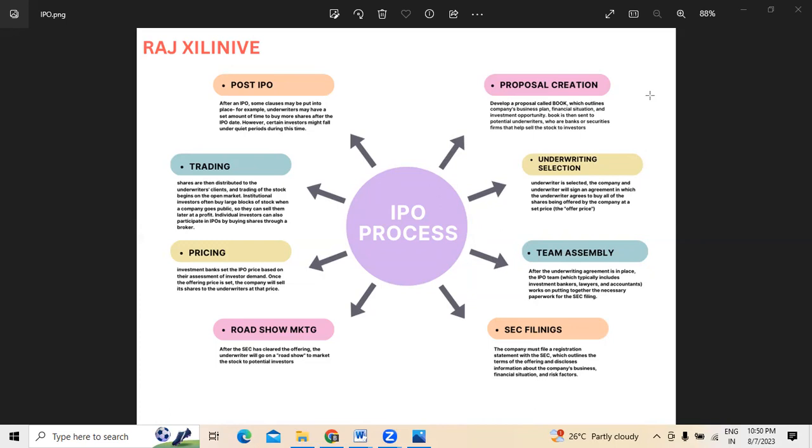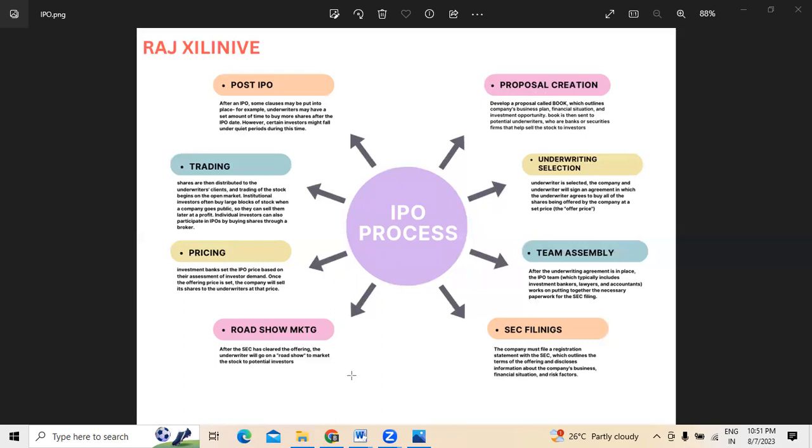Followed by that, the organization, or else the company, whatever the name, has to identify an investment banking company or a securities firm which will help to sell the stocks to the investors, right?